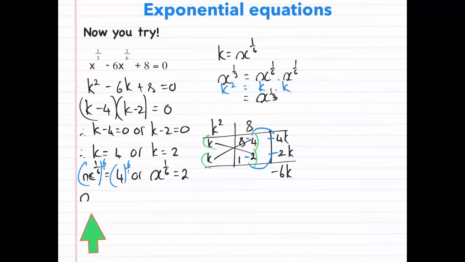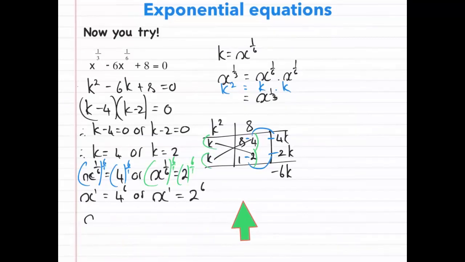And then we get x to the power of 1 equals 4 to the power of 6, or on this side x to the power of 1 equals 2 to the power of 6, and now we can just simply work it out. So x equals 4 to the power of 6, and it gives me 4096, or x equals 2 to the power of 6, which is simply 64.